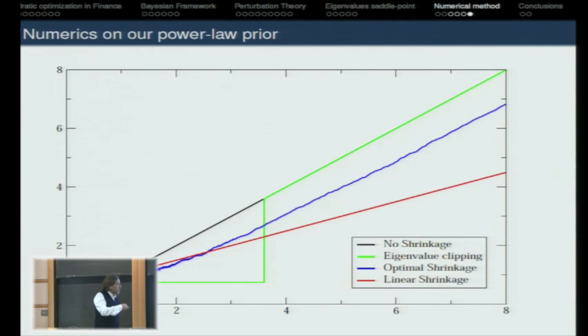We haven't had time yet to compare this on real data. This is the result of the optimal, but we haven't checked out of sample. On real data, many other things happen. The data is non-Gaussian, and also there's no such thing as a true covariance matrix. The correlation between stocks probably changes over time, so it's going to be much messier than in numerical experiments. But we need to do that.